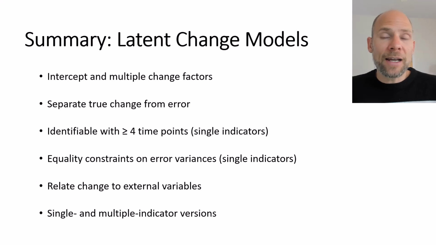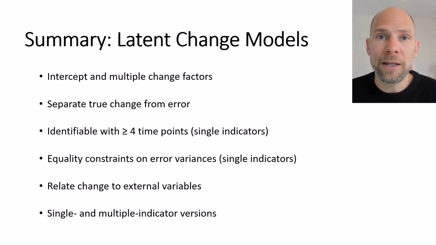And so now finally, I promised you that I would give you my opinion on which type of model I prefer, latent growth or latent change score model. And I personally tend to think that latent change score models are often more flexible, because it's often difficult with latent growth curve models to determine a form of change that applies to everybody.